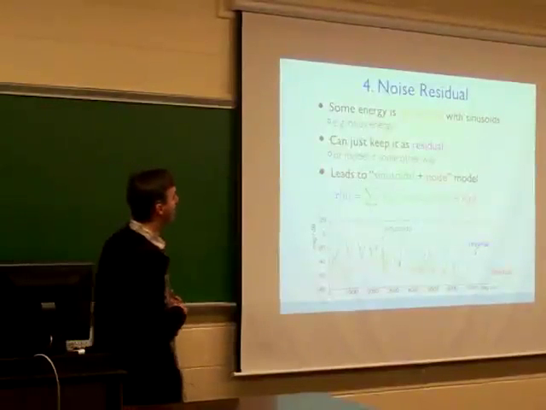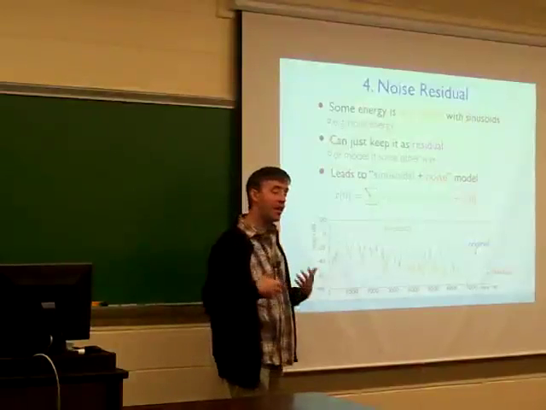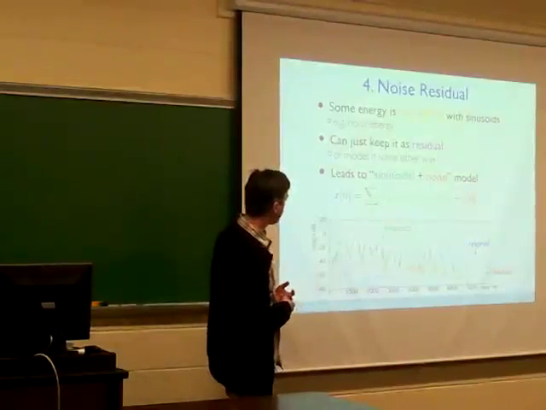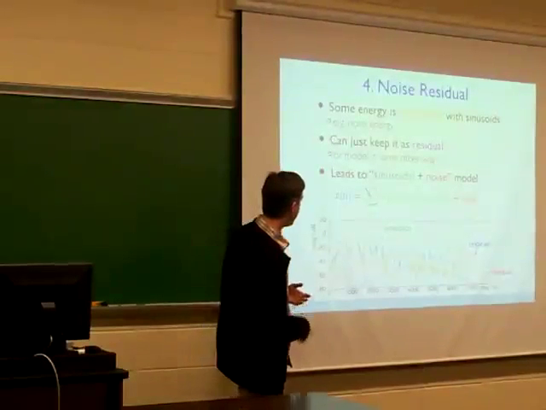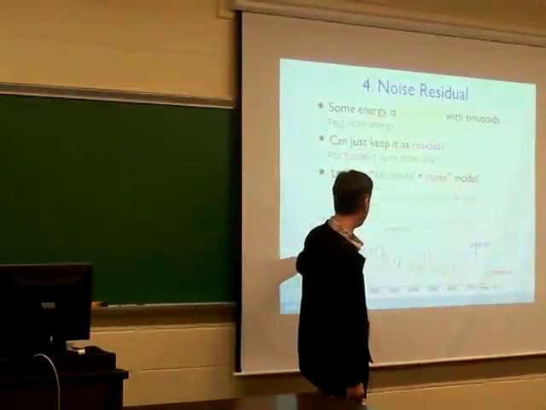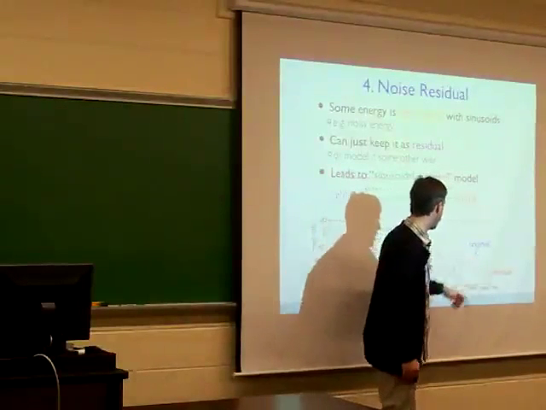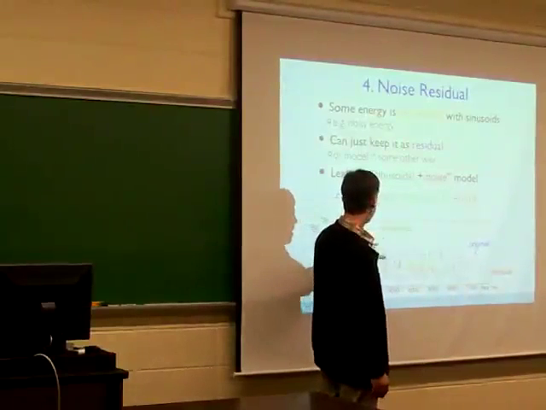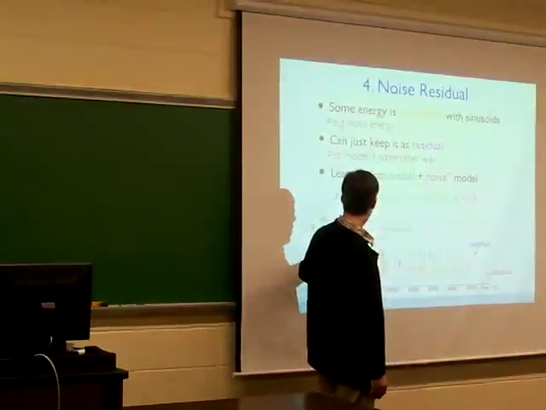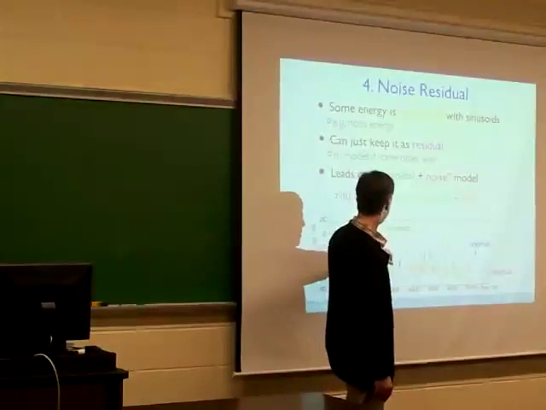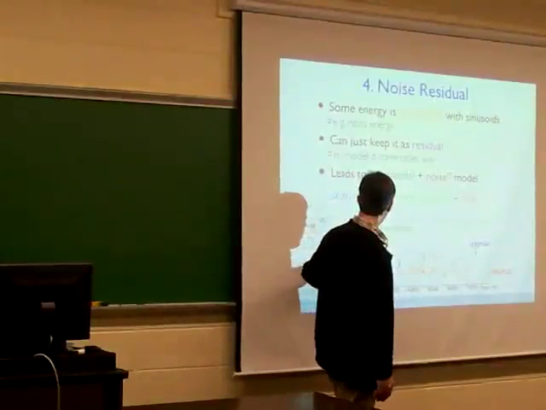So the last thing I want to talk about is the energy that doesn't fit with the sinusoids. Here the blue is an original signal. I ran the sinusoid tracker on this, picked out these big peaks of sinusoids, and resynthesized these.